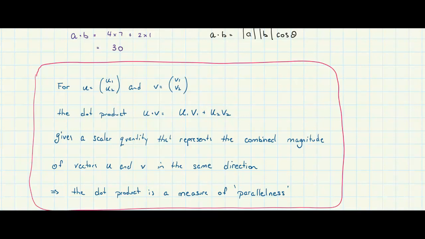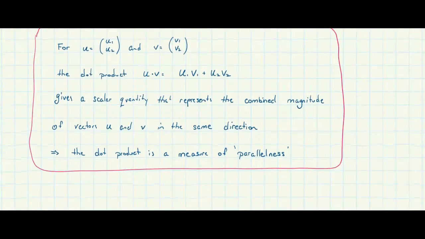And what that does is it gives a scalar quantity that represents the combined magnitude of vectors a and b in the same direction. So in summary, the dot product is a measure of parallelness, whereas the vector product, when we get to it, will be a measure of perpendicularness. If I can make up some words.